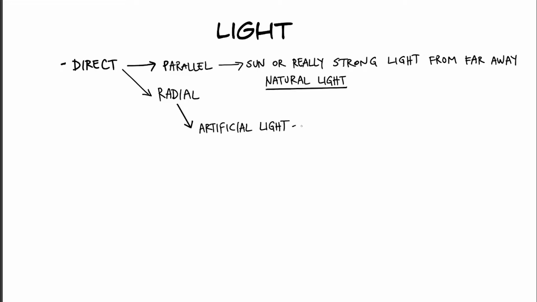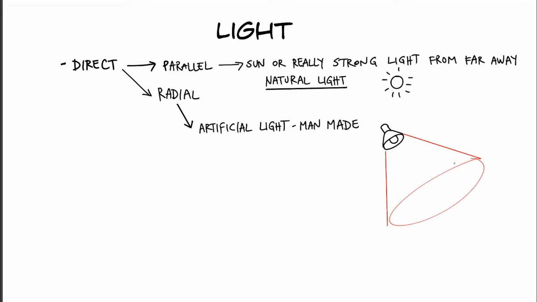Artificial lights are man-made, and you get conical shapes and cast shadows usually have a fall off, as opposed to parallel light. Parallel light, you just get a hard edge cast shadow.